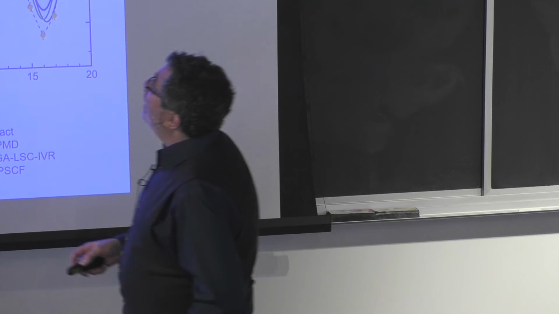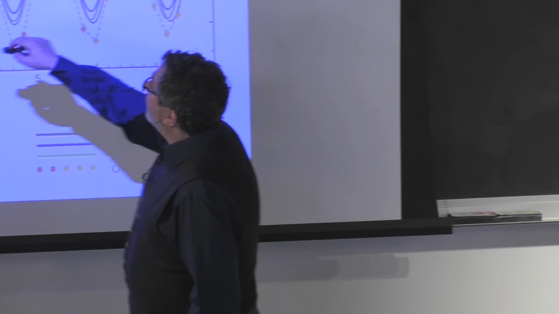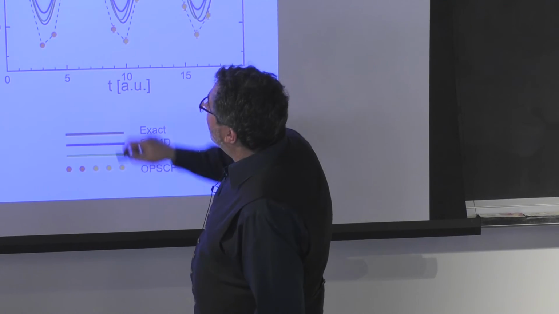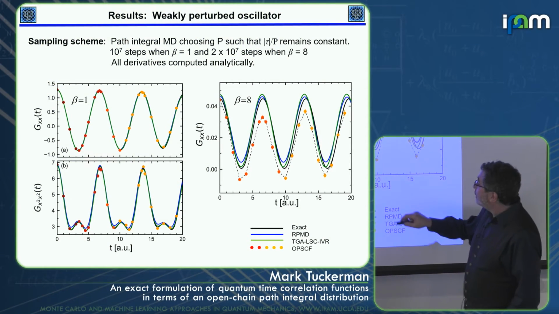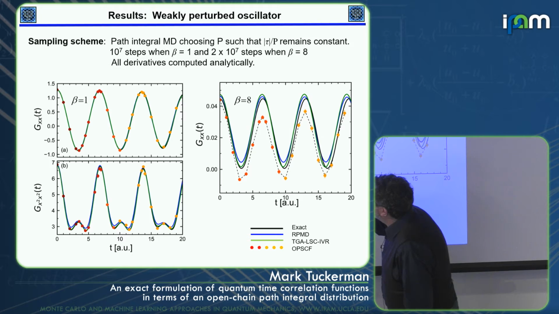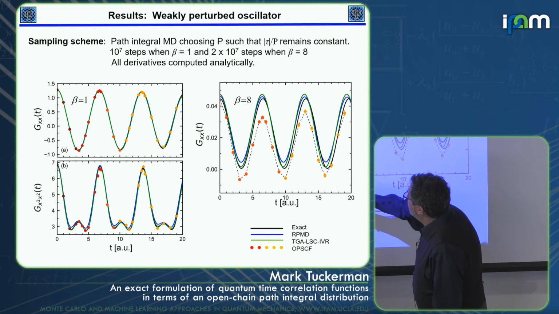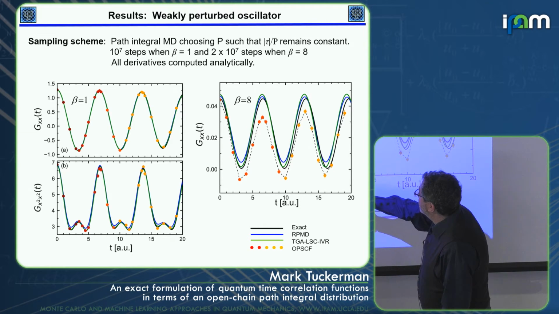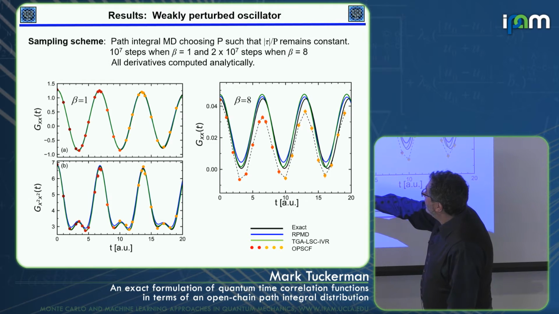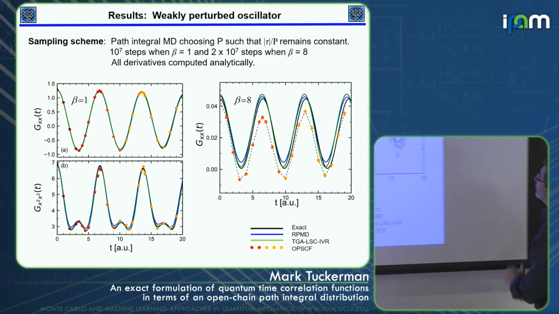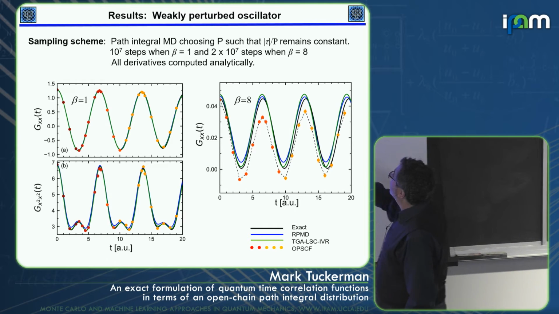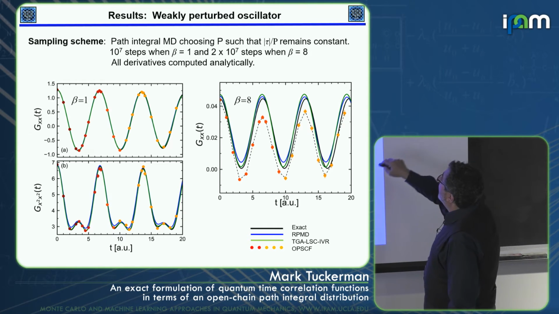Right? So high temperature, all right, everyone's doing pretty well. For x squared, the nonlinear correlation function, there are some small differences that come in for the RPMD, the semi-classical, and the open chain generally do pretty well. All right, now we go to low temperature. All right, now things start to get kind of interesting.